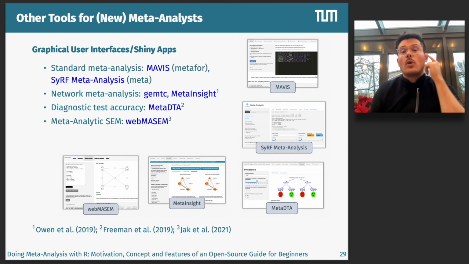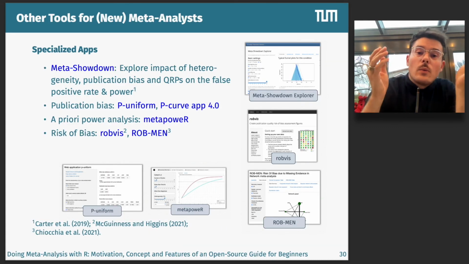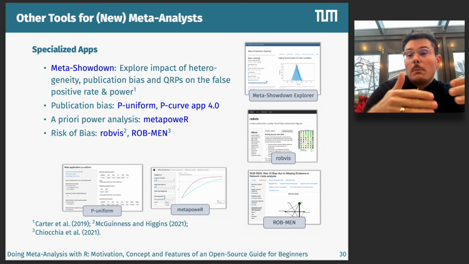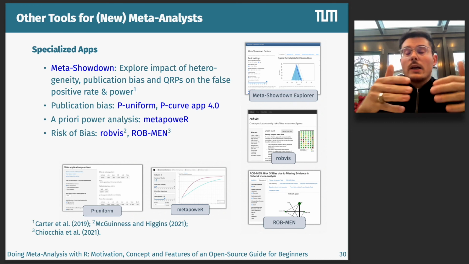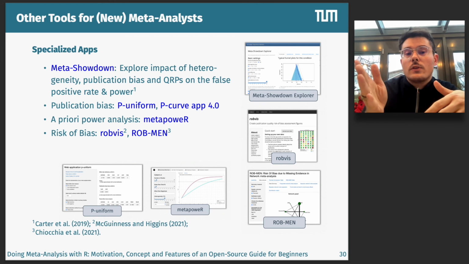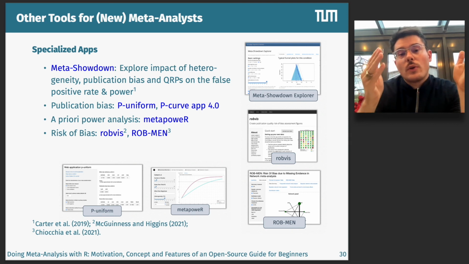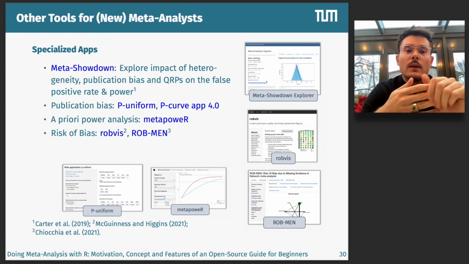In terms of more specialized apps, I wanted to mention the Meta Showdown Explorer, which allows you to explore the impact of factors such as publication bias, heterogeneity, questionable research practices, etc., on the false positive rate of meta-analysis, and which I find really, really interesting. There are also tools focusing on publication bias, such as P-Uniform or the P-Curve app.